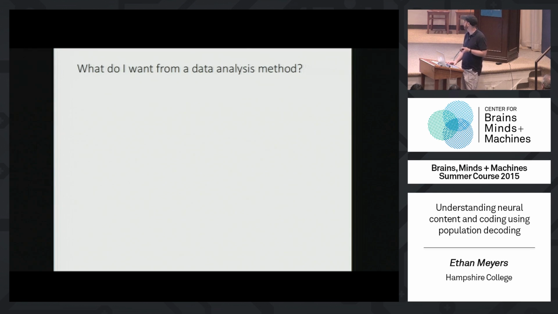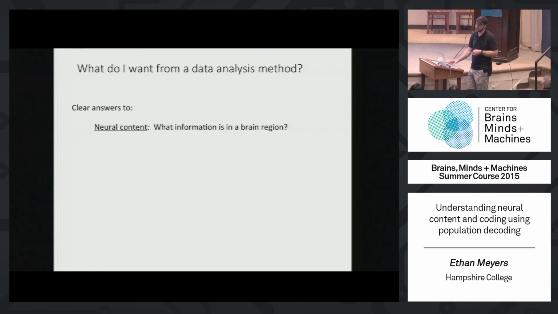So basically what I'm looking for is clear answers to questions. In particular, I'm interested in two things. One is neural content, and that is what information is in a particular region of the brain and at what time. And the other thing I'm interested in is neural coding, or what features of the neural activity contain that information.